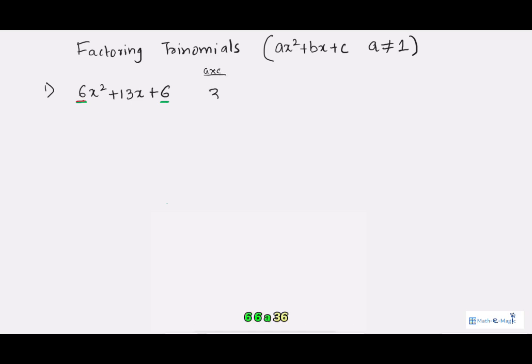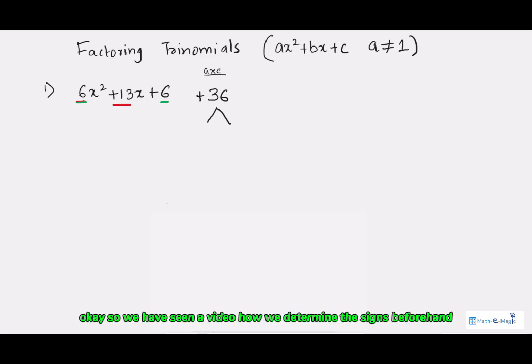What is the product? 6 sixes are 36, and the signs are also important. So positive 6 and positive 6 is positive 36. Now we need to find two terms whose product will give me positive 36 and whose sum should be positive 13. We have seen a video on how we determine the signs beforehand.